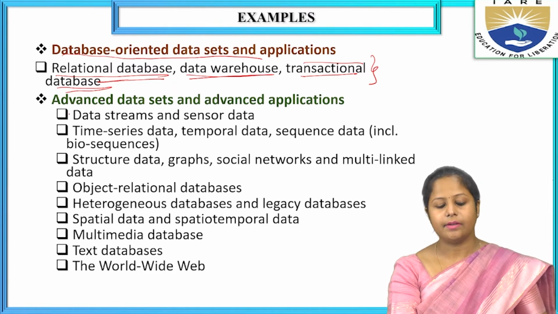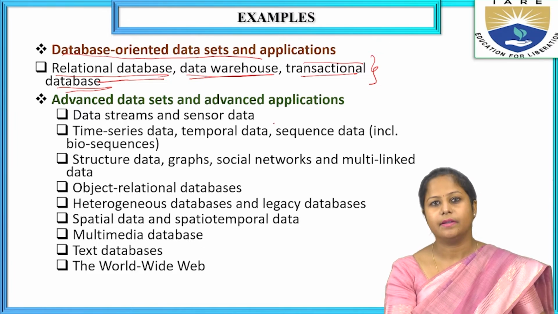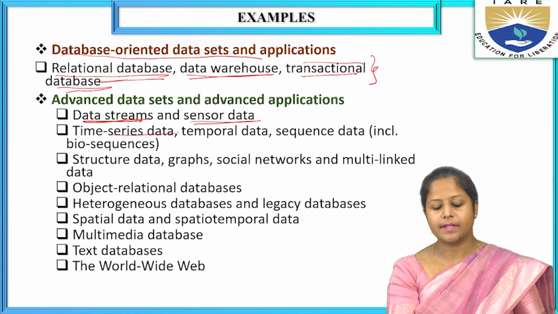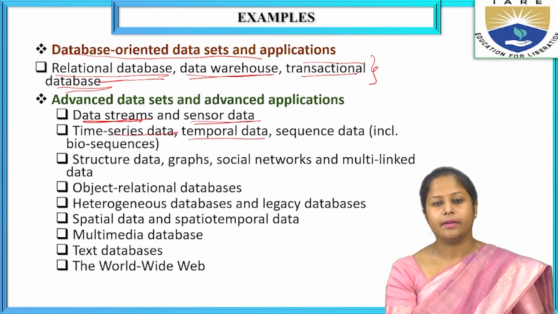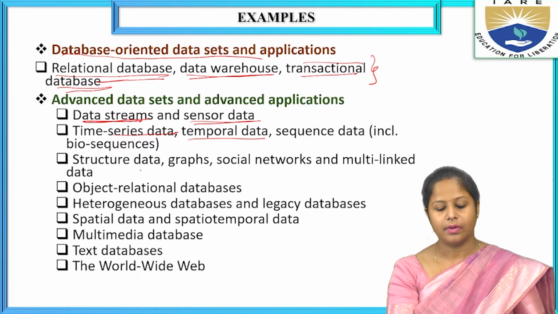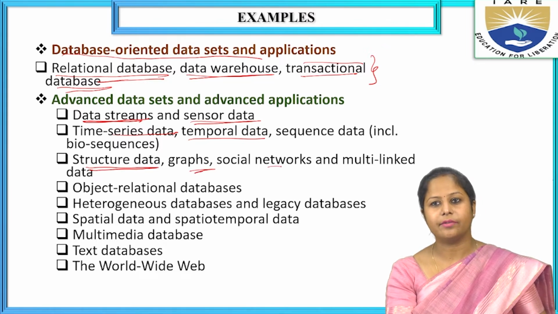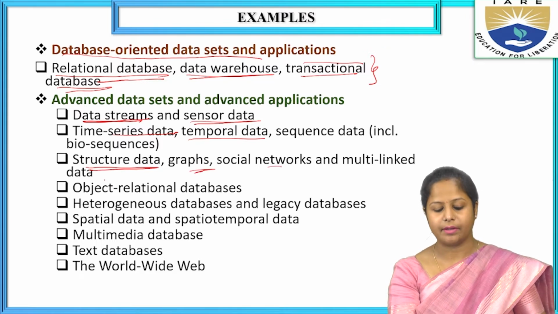Another type is advanced datasets and their applications, like data stream data, sensor data, time series data, temporal data, sequence data, which also includes biosequence data, structure data, graph data, social network and multi-link data. These are the advanced data.